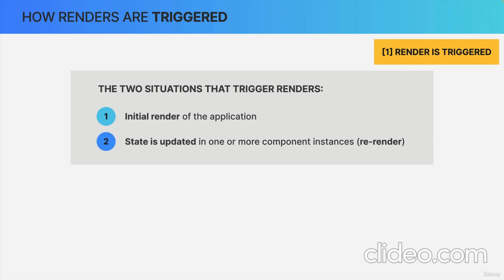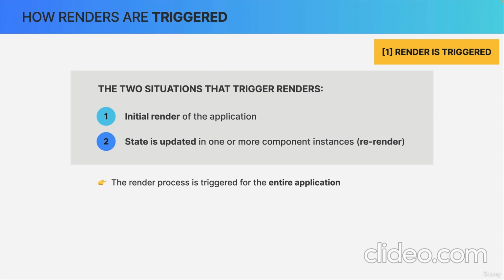And it's important to note that the render process really is triggered for the entire application, not just for one single component. Now, that doesn't mean that the entire DOM is updated, because remember, in React, rendering is only about calling the component functions and figuring out what needs to change in the DOM later.